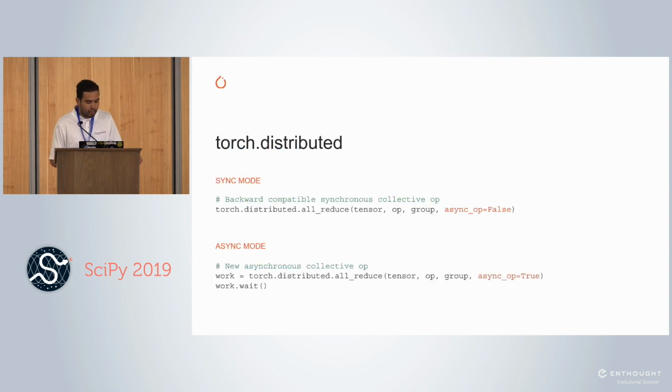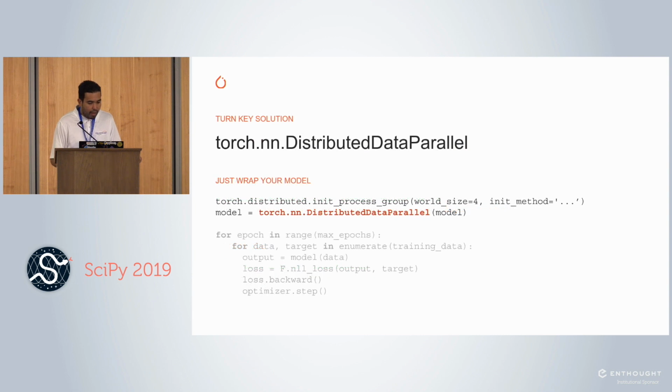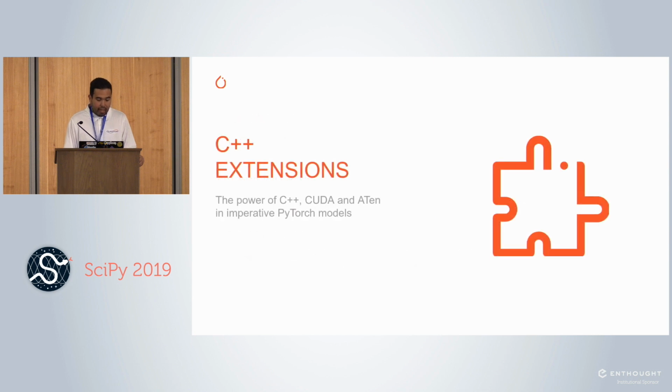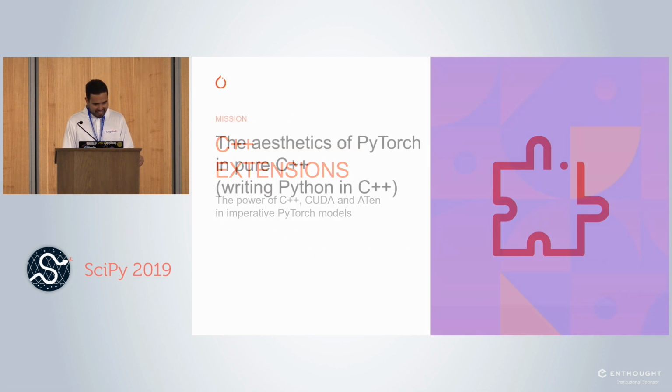There is torch.distributed in sync mode and async mode. And third, torch distributed data parallel. Pretty easy to use, just wrap your model. C++ extensions, it's pretty similar to Python code.